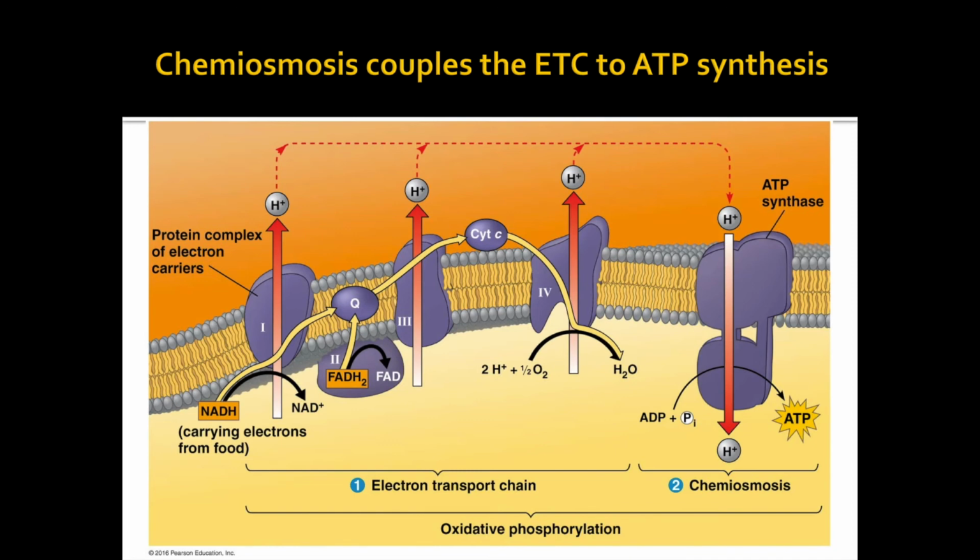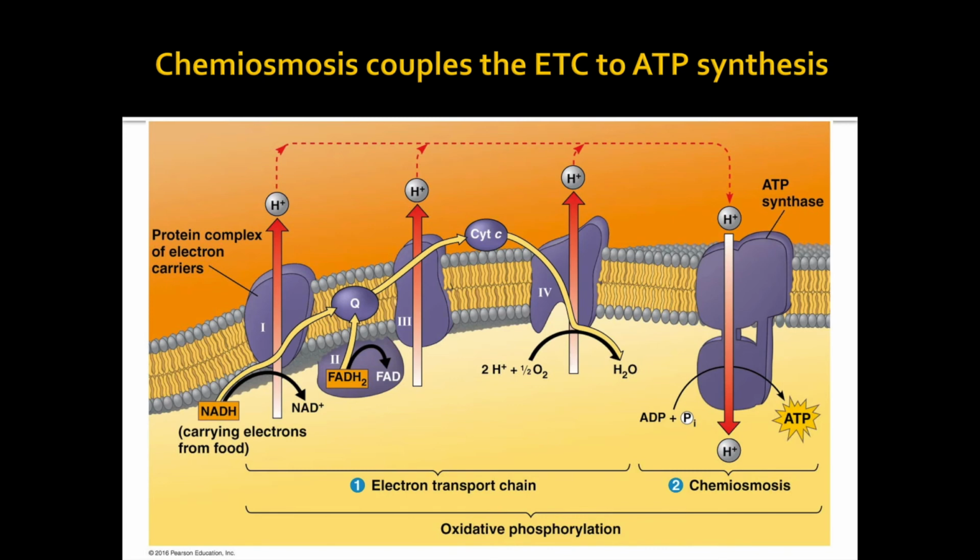And the energy that's released from all those redox reactions of the electrons being passed from molecule to molecule drives the pumping of protons across complexes 1, 3, and 4. And so there's a high accumulation of protons in that intermembrane space. The only place where they can flow and diffuse down, and you can think of it as relieving pressure, is through ATP synthase, which is also embedded in the inner membrane of the mitochondria.